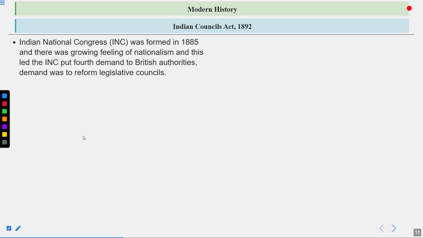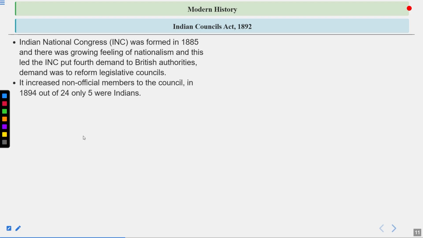But now, as we know, in 1885 the Indian National Congress was formed, and it was not just a kind of safety valve, according to the theories, but the members of this association were also asking for a lot of things to be done in favor of the Indians. Because of which, in 1892, some particular demands were put forward to the British authorities, and some legislative reform should be done according to the demands.